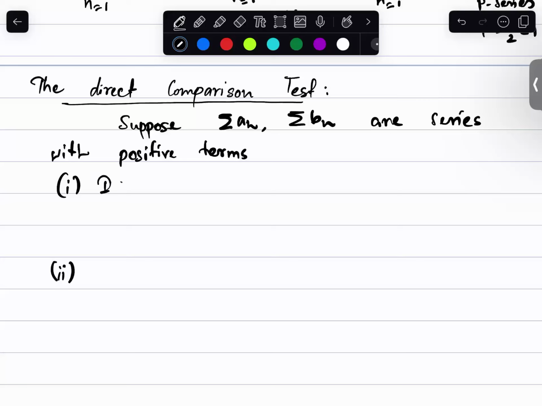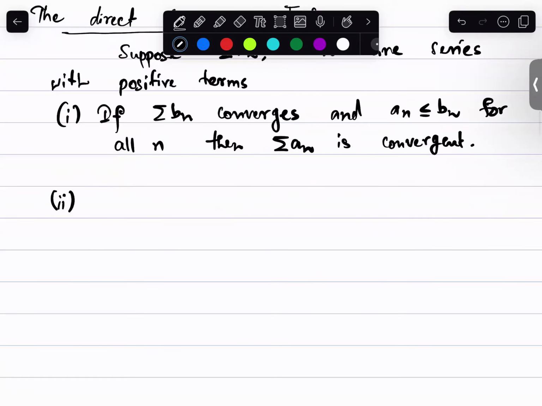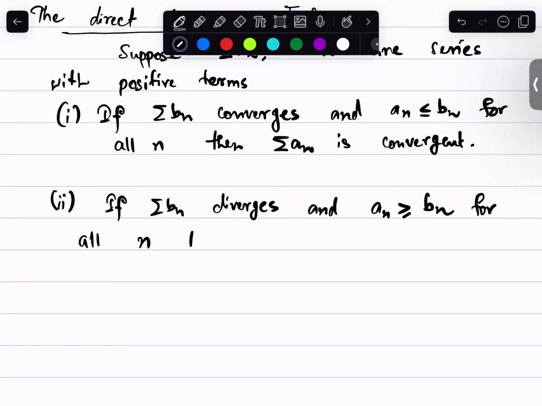The first one is, if summation b_n converges and a_n is less than or equal to b_n for all n, then summation a_n also converges. And the second result is, if summation b_n diverges and a_n is bigger than or equal to b_n for all n, then summation a_n is divergent.